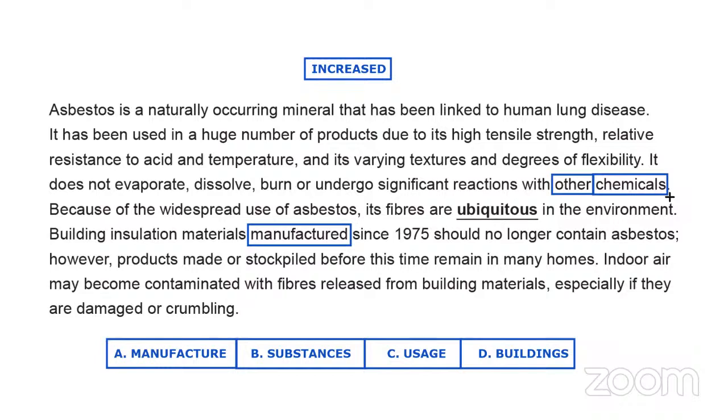Next one, usage. Usage is here. We are going to learn vocabularies, I told you. A lot of vocabulary will give a learning. You will be learning a lot of vocabulary. Now, next one, buildings.